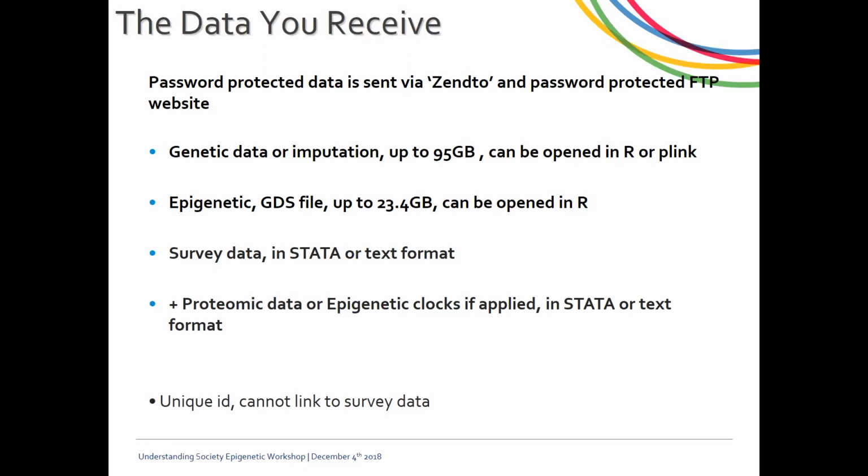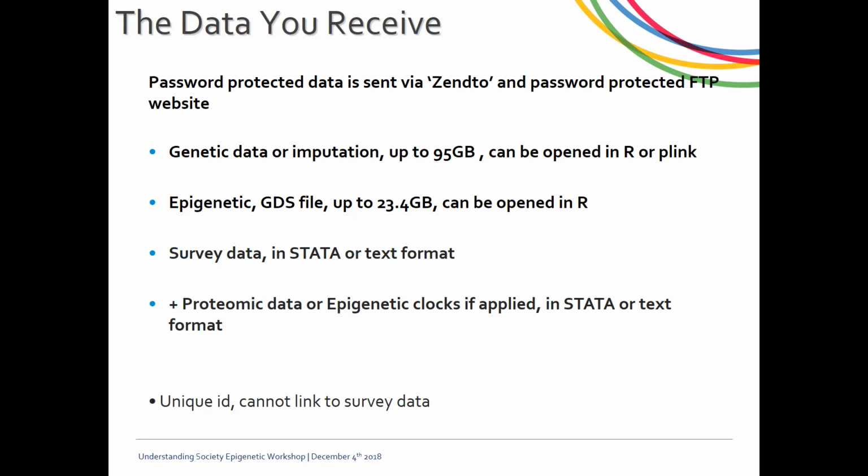Okay, so briefly give you some idea about this data, or size of the data you're going to receive if you apply for the data and get it approved and finally receive data. So we're going to use a way called Zen2, which is just an email sent to you with some link, a password protected way to send your data, but that's only for data under 2 GB.